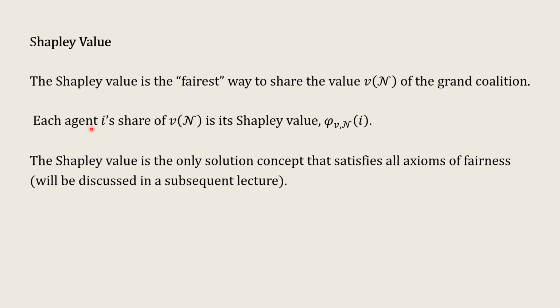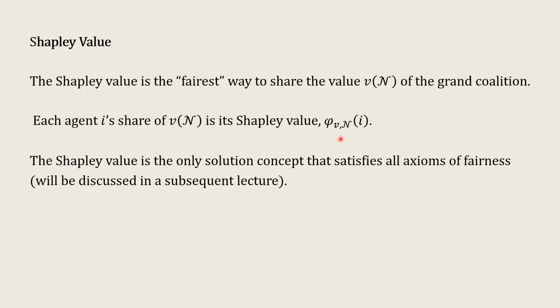Each agent i's share of the value of the grand coalition is its Shapley value, psi sub V comma N of agent i. So this is the total value of the grand coalition, and each agent i receives this amount.